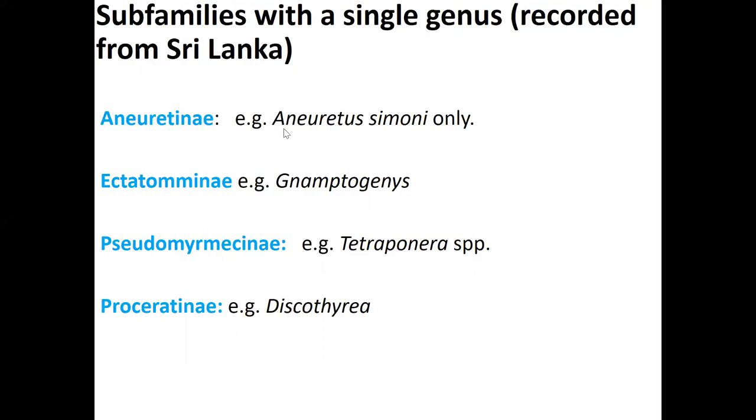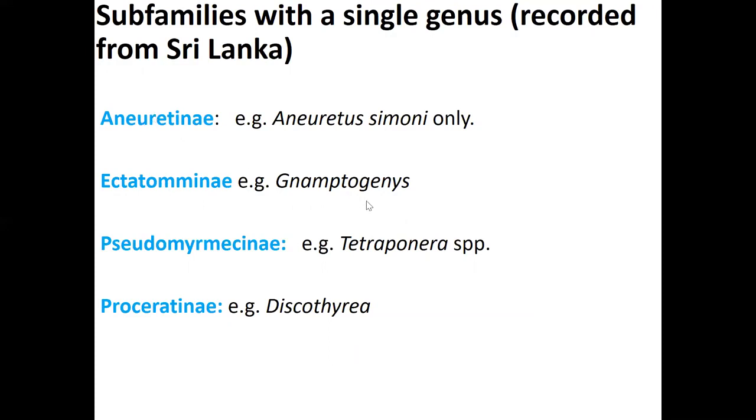From all the countries in the world, Anuretus simoni has still been recorded from Sri Lanka only. So it's island endemic, and is of very great importance because it was known earlier as critically endangered, but now we know it's not in that status. We have actually reported it as endangered because it's been recorded only from Sri Lanka.